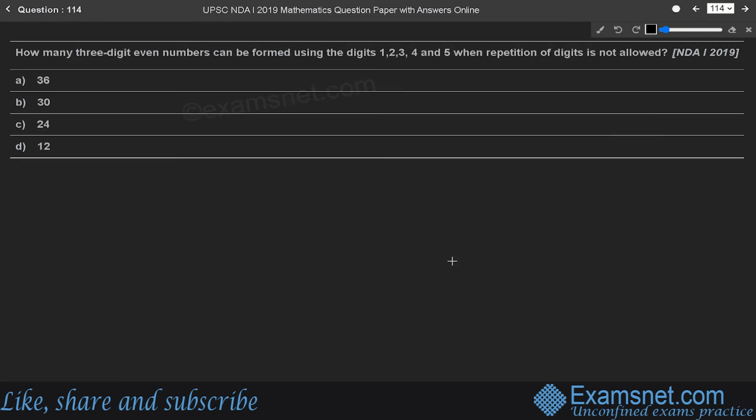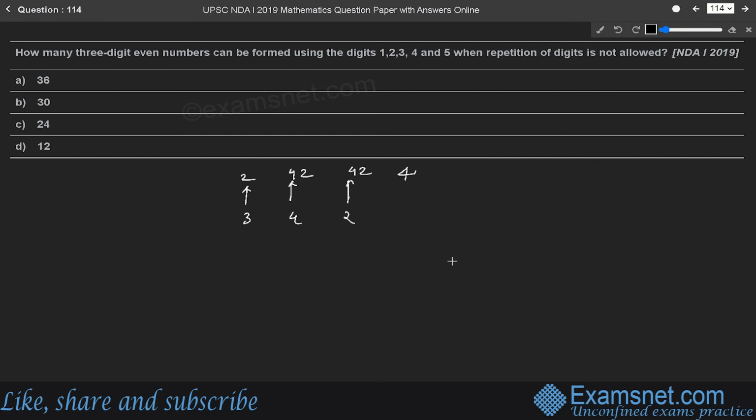Next question is, how many 3-digit even numbers can be formed using the digits 1, 2, 3, 4 and 5 when repetition of digits is not allowed? You can see that the digits will be in this way: 3, 4, 2. For 3 there will be 2 digits, for 4 there will be 4 and 2 digits, for 2 there will be 4 and 2 digits, and the remaining digits are 4.